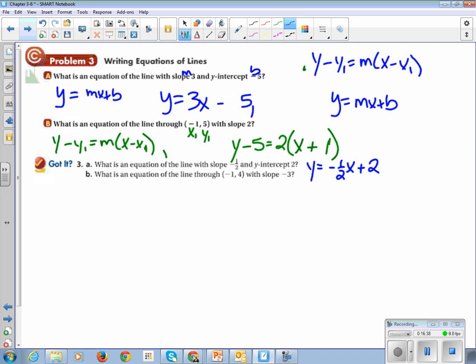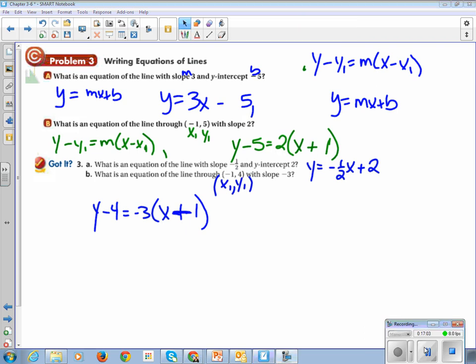And then B says, what is the equation of a line through x negative 1, y 4, and slope negative 3? So I go y minus 4 equals slope times x minus negative 1, but we're mature enough to know that this is the same as x plus 1.